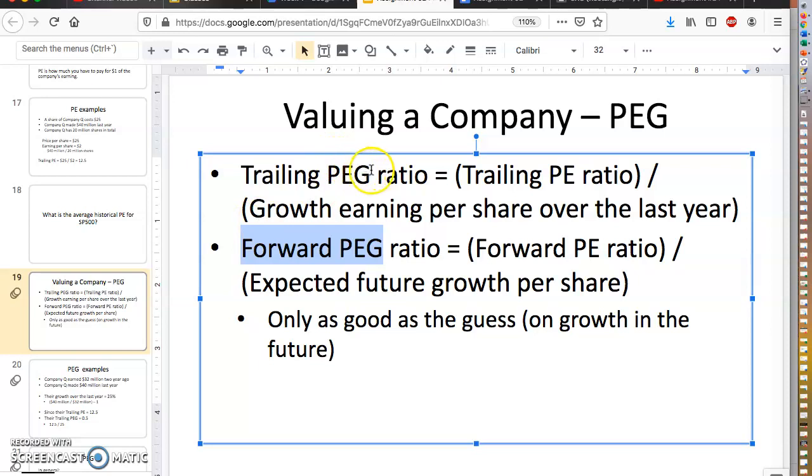To calculate the PEG, you divide the PE ratio by the percent growth. If you're looking at trailing PEG, you use percent growth over last year. If you're doing forward PEG, you use the percent growth that you expect in the future. And just like forward PE, how good the forward PEG number is only depends on how good your guess is for what's going to happen in the future.